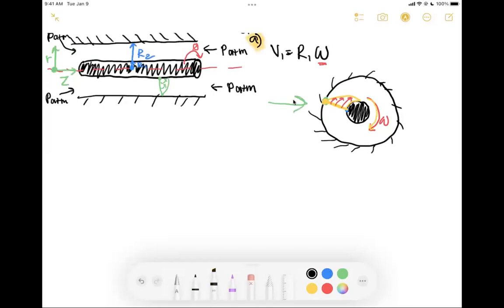Now we have part B. All right. So part B says simplify the equation of continuity and the Navier-Stokes equations for the system to obtain a differential equation describing the variation of velocity within the lubricant.